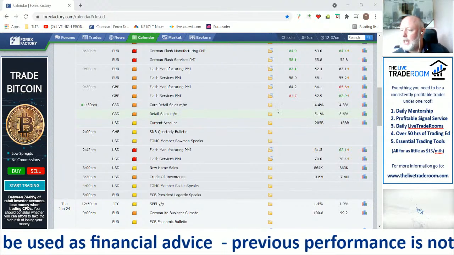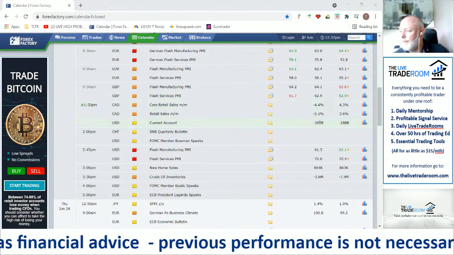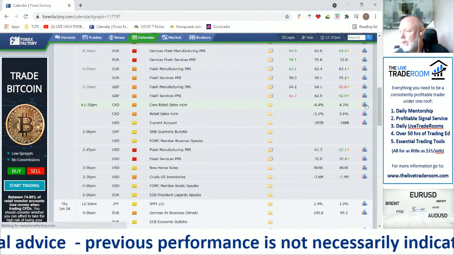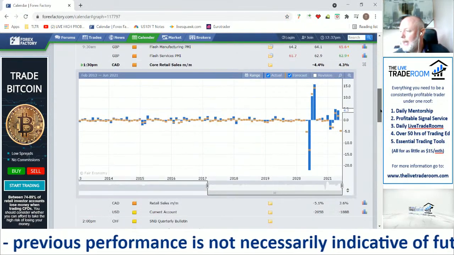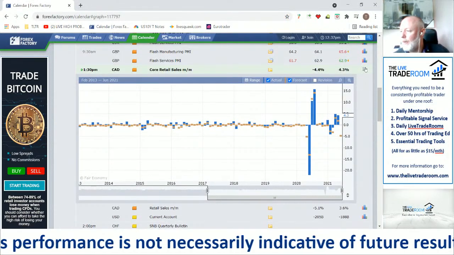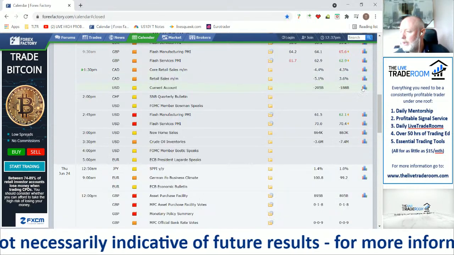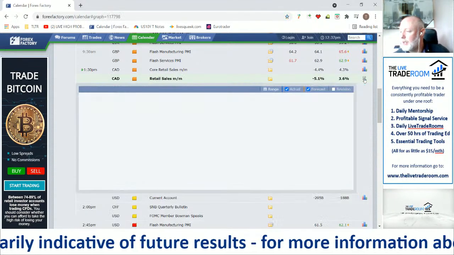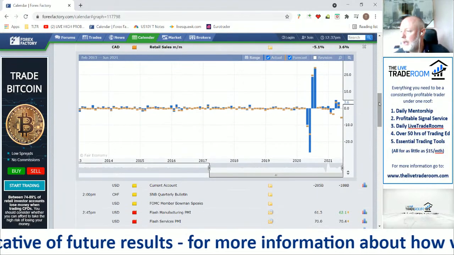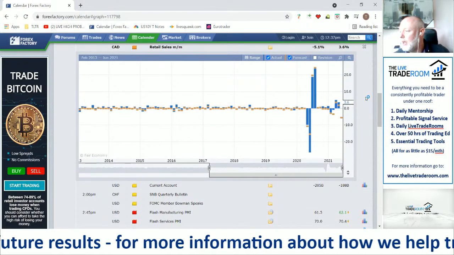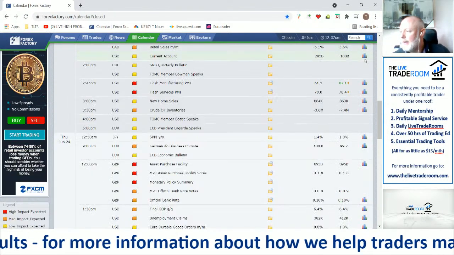If you look at these forecasted figures, we're anticipating some negativity, a bit of a fall off as far as retail sales figures are concerned. In fact, that would be quite a sizable little dip to the downside.